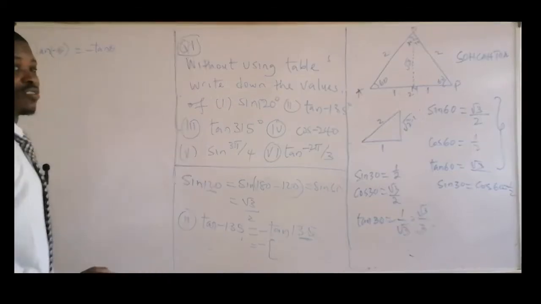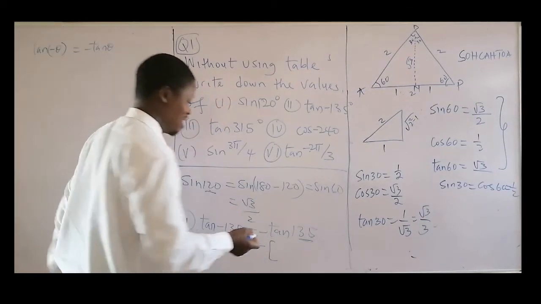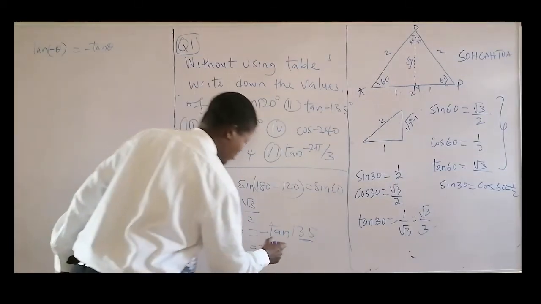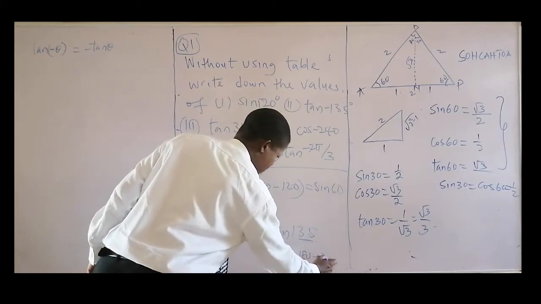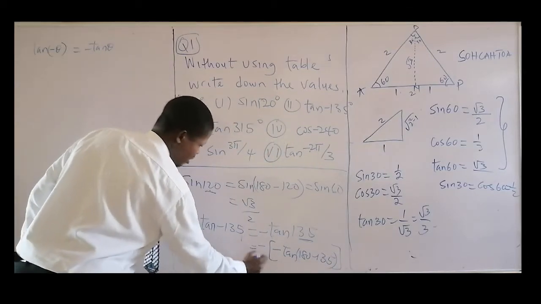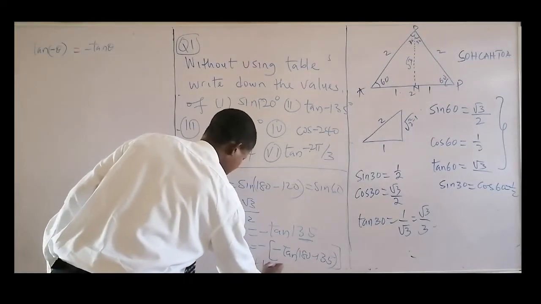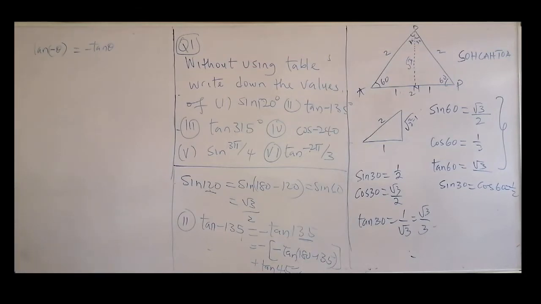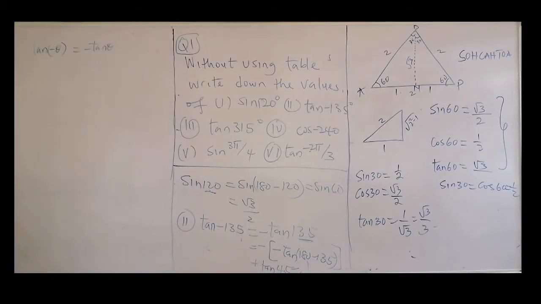Tan 135 is in the second quadrant, and that will be negative for tangent. So that will be negative tan 180 minus 135. So minus here will become plus, and that's tan 45. Tan 45 is 1.